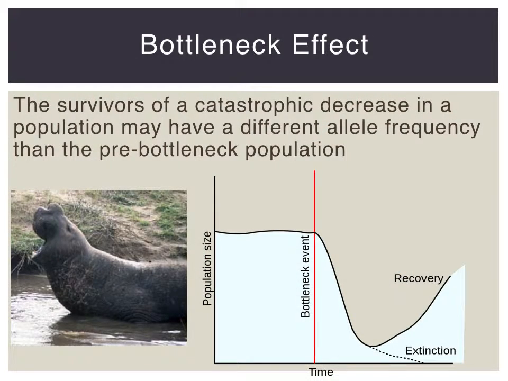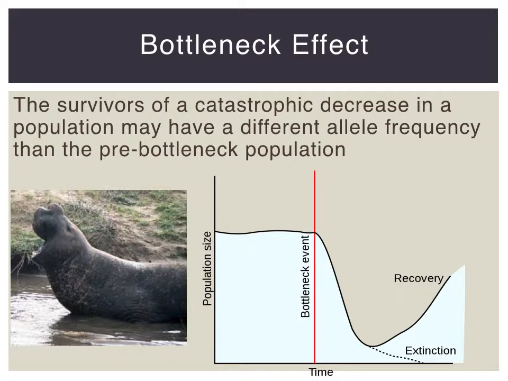Bottleneck effect is another example. This is when the survivors of a catastrophic decrease in population may have a different allele frequency than the pre-bottleneck population. An example of a bottleneck can be found with the northern elephant seals. They have reduced genetic variation, probably because of a population bottleneck caused by humans when they were hunted in the 1890s.